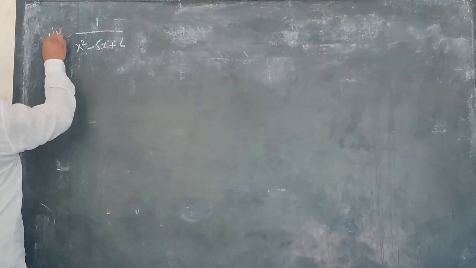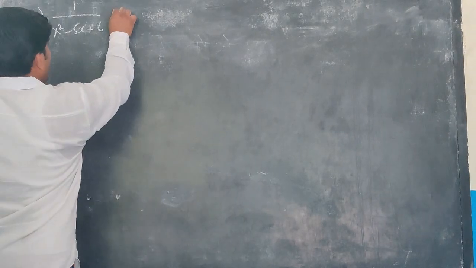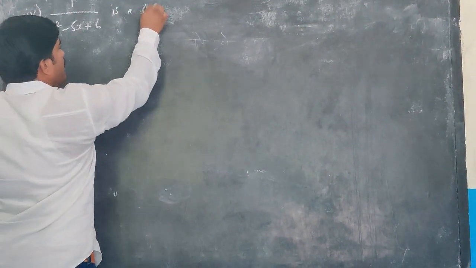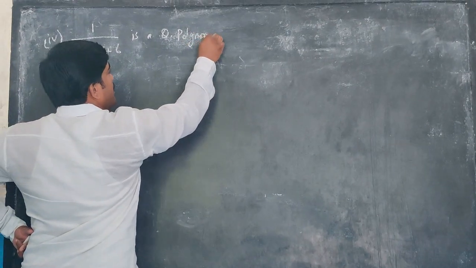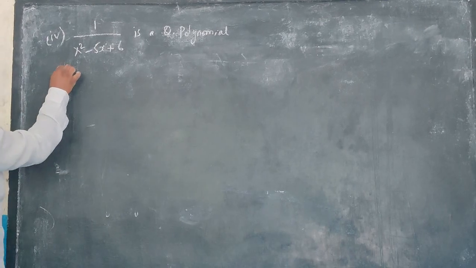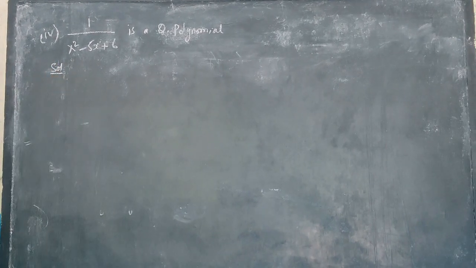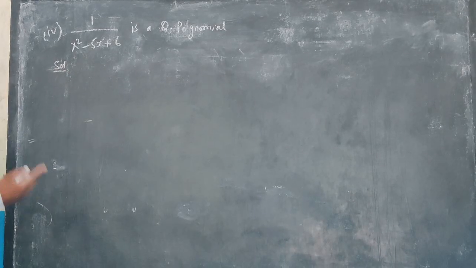The fourth one: 1 by x square minus 5x plus 6 is a quadratic polynomial. He is saying that it is a quadratic polynomial. Now we will check whether the given expression is a polynomial or not.